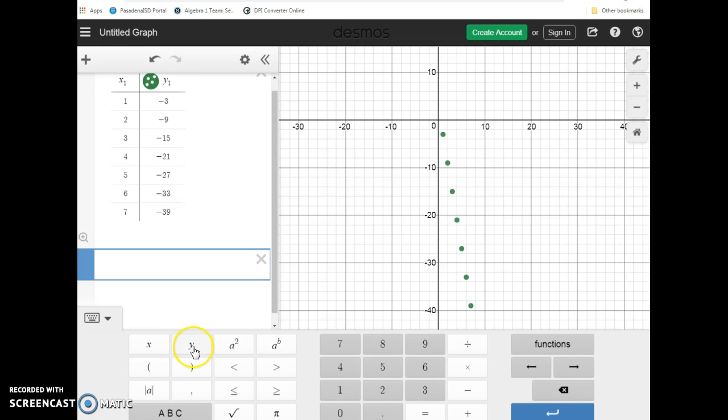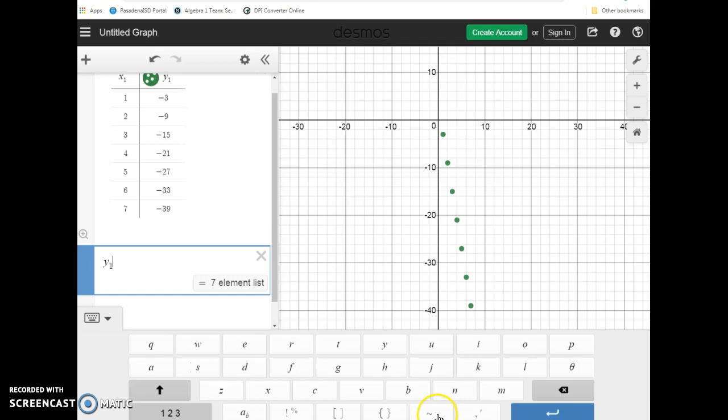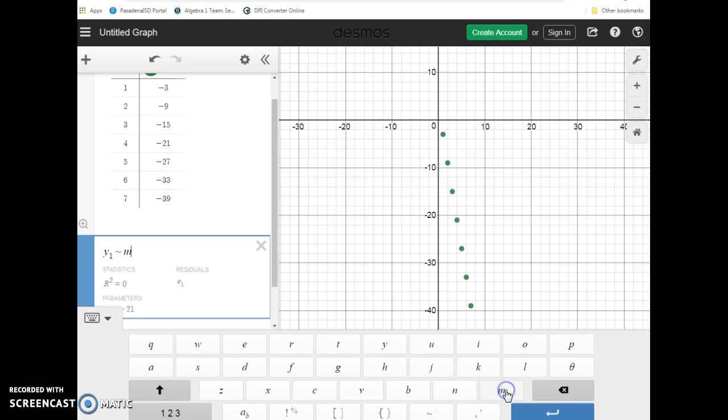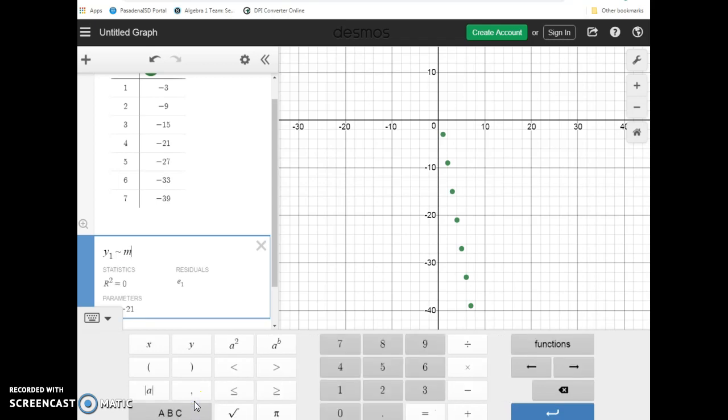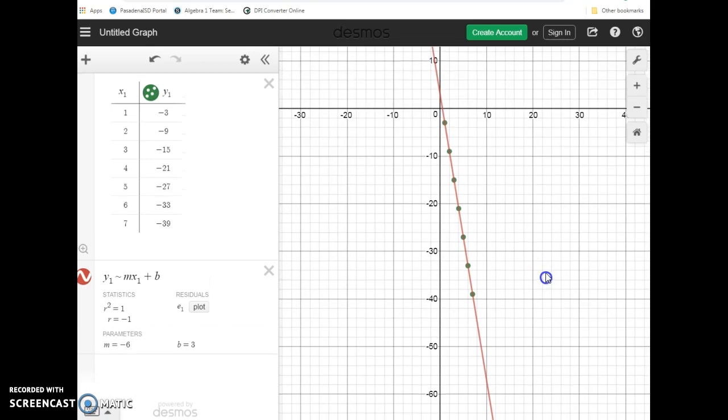So you type it. y1 approximately. The approximately button's right here. mx1 plus b. Did it go through all my points exactly, perfectly? Yes, then it is a linear, okay?